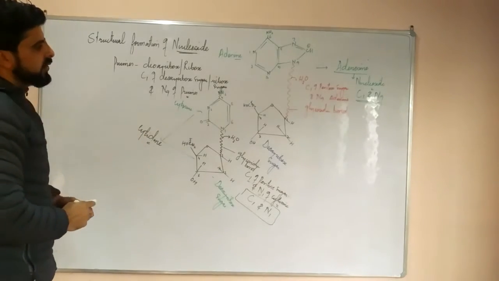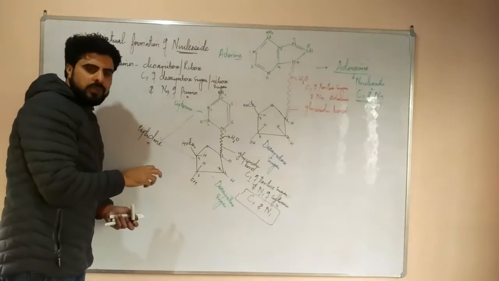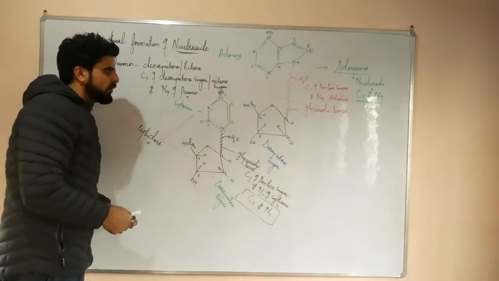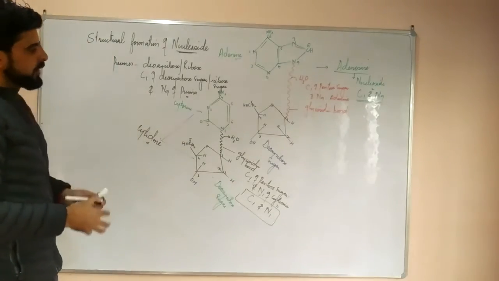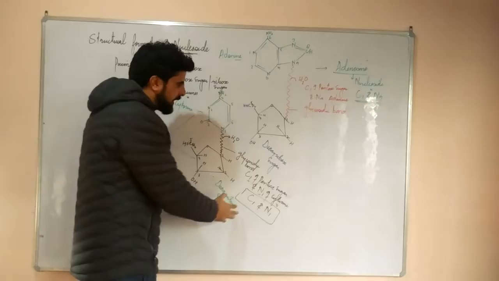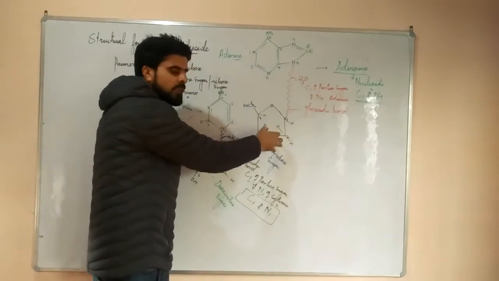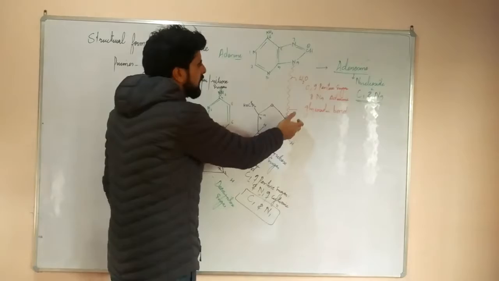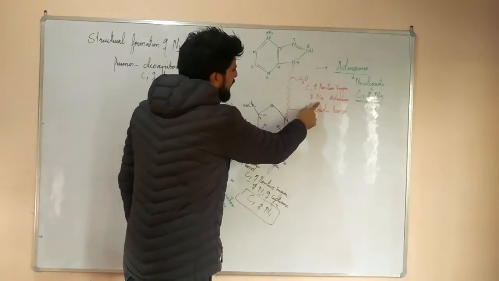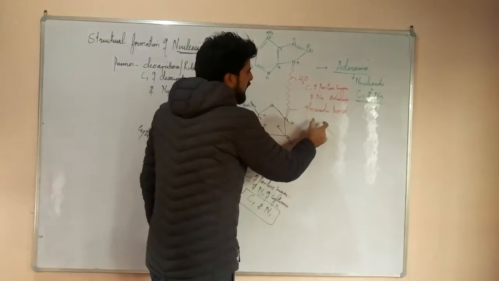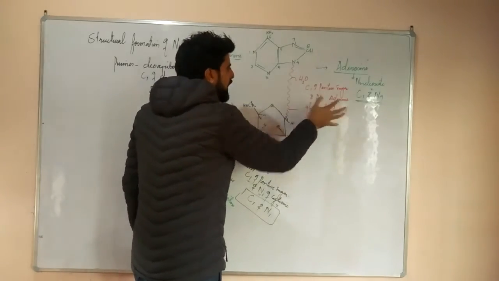So you can make nucleosides of all of these nitrogenous bases when they combine with the ribose sugar or the deoxyribose sugar. But the most important thing to keep in mind is the glycosidic bond. In the case of purines, the bond is always between C1 of deoxyribose or ribose sugar and N9 of the purine, which may be adenine or guanine.